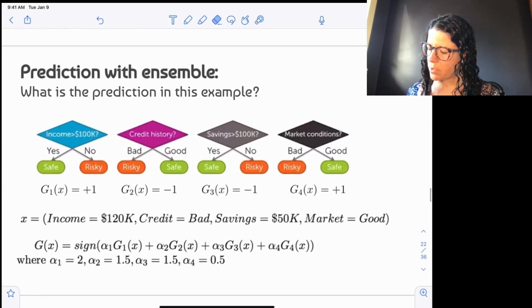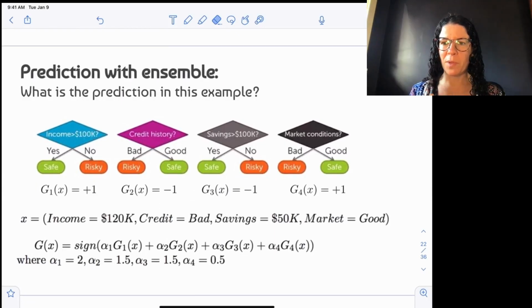So guys, I would like you to stop the video for a second and think about what the prediction would be for this particular example. We have some input variables like income, credit, savings. The input is 120k income, credit is bad, savings is 50k, the market conditions are good, and we have those trees that you have in there.